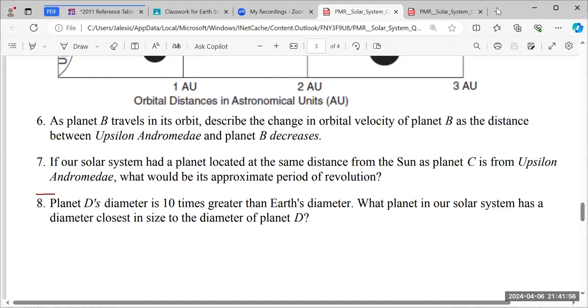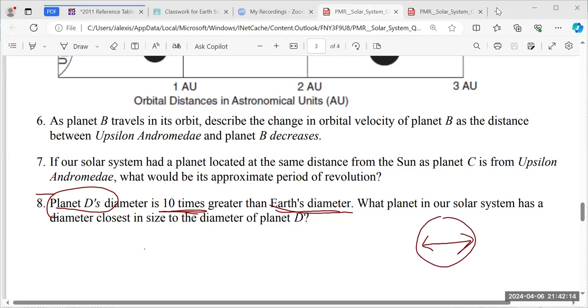So they're telling us planet D's diameter is 10 times greater than the Earth's diameter. Where am I going to find out what the Earth's diameter is? The diameter is how wide the Earth is.